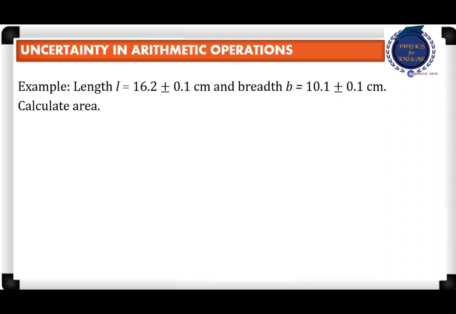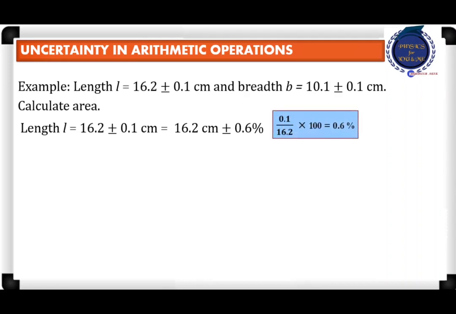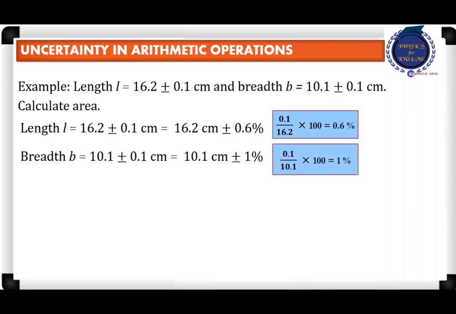Since multiplication is used, we have to introduce the percentage error instead of absolute error. How to calculate the percentage error? Using the formula, we get the percentage error is equal to 0.6%. Similarly, breadth should also have a percentage error, which is equal to 1%.